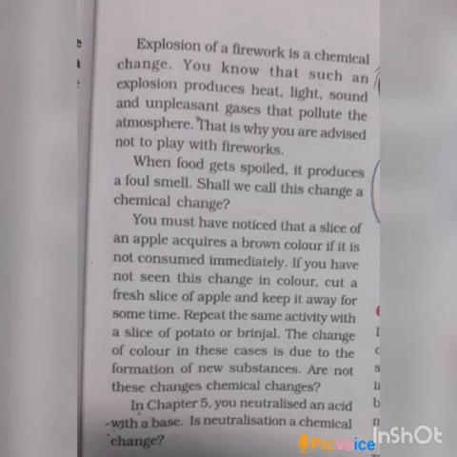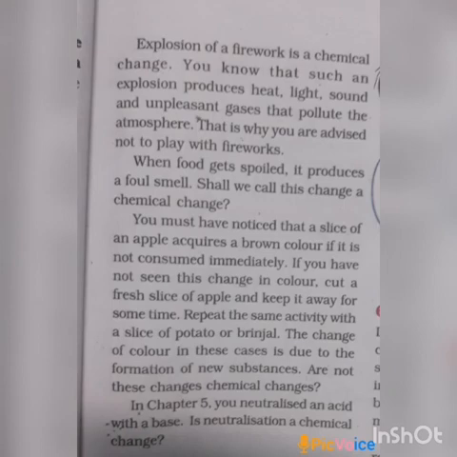These gases pollute the atmosphere. So firing the firecrackers is an example of chemical change. Okay mama. Then when food gets spoiled, it produces a foul smell. Yes, it also comes under the chemical change, spoiling of food.